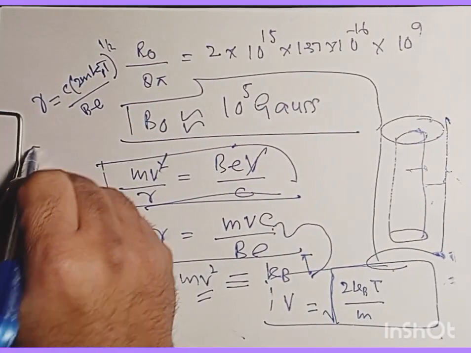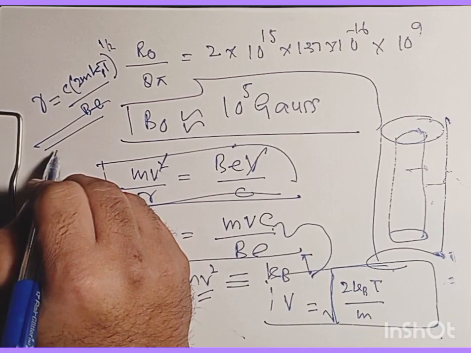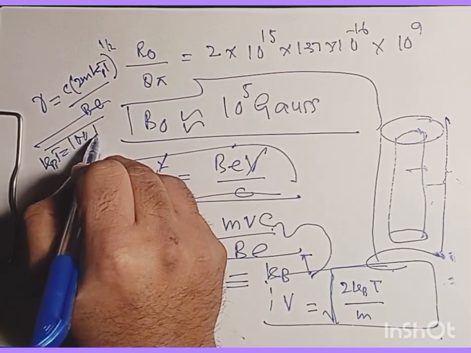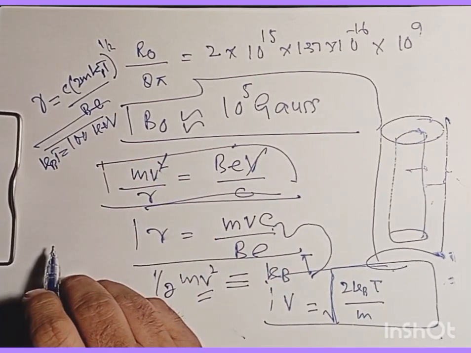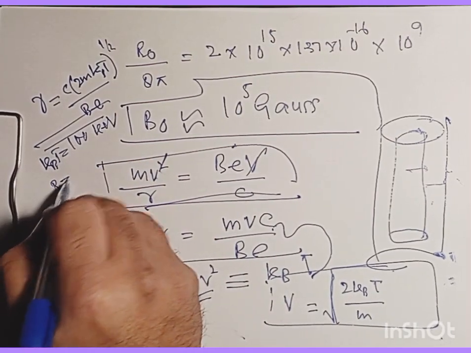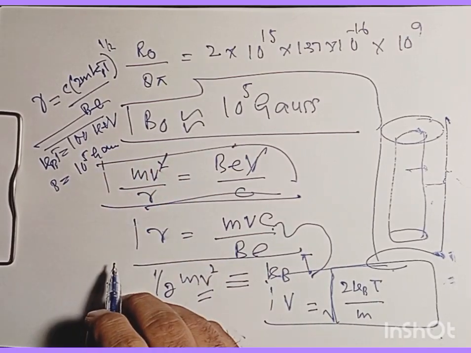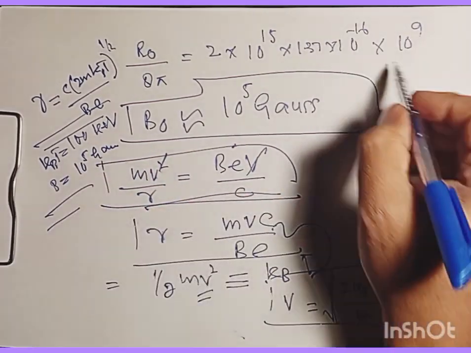So if we choose kBT equal to 100 kilo electron volts, and the magnetic field equal to 10 to the power of 5 Gauss, we come up with the radius.